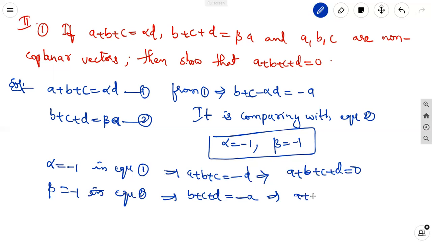From this, a plus b plus c plus d is equal to 0. So the relations are the same. So if a plus b plus c equal to alpha d, b plus c plus d equal to beta a, and a, b, c are non-coplanar, meaning not in the same plane, then it satisfies the relation a plus b plus c plus d is equal to 0.